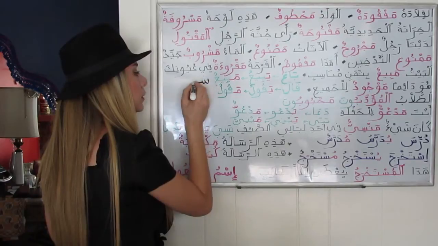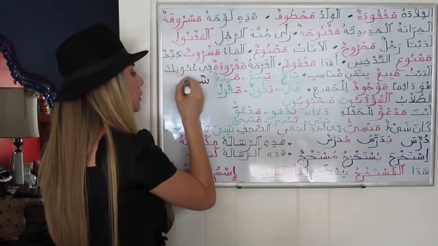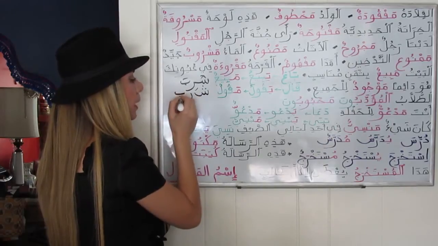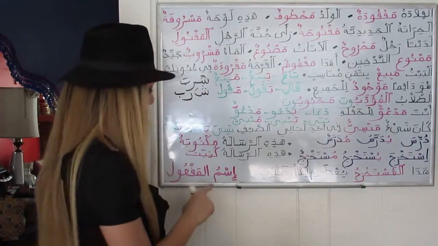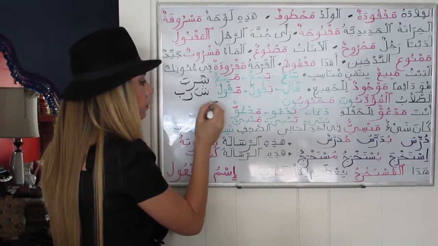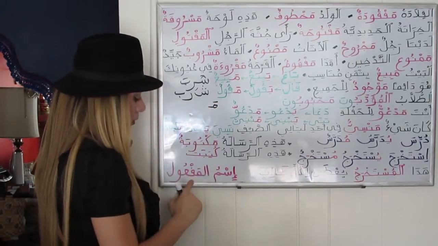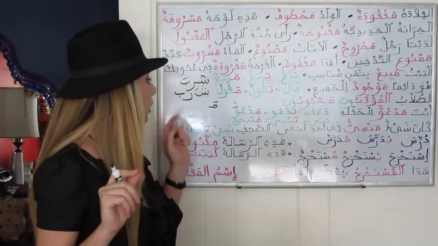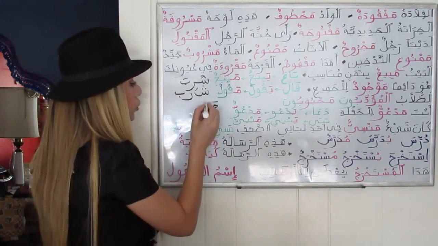Alright? Or شرب, to drink. So we have sheen, ra, and ba. Alright, 3 radicals. We'll follow the pattern مفعول. So we have mim, first radical. The fa is the first radical placeholder. Mash.